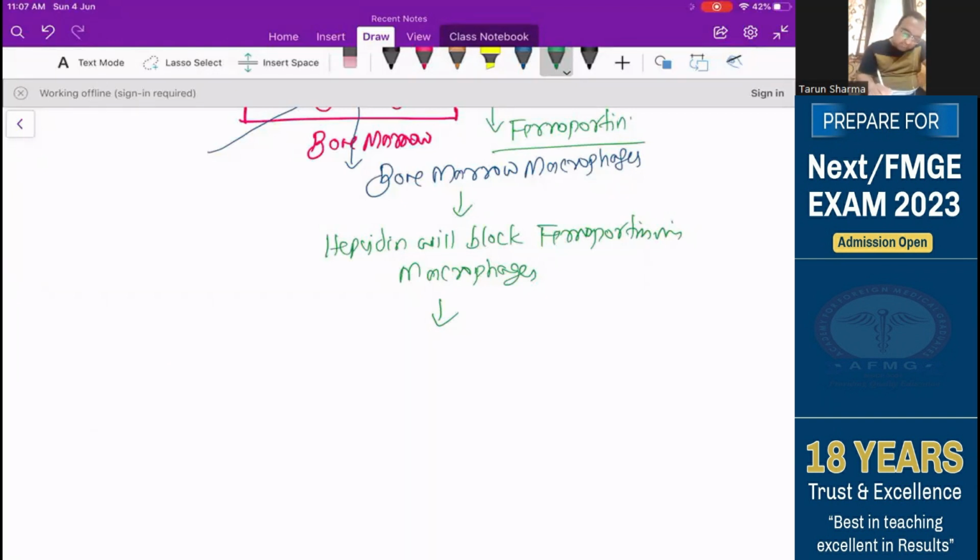So bone marrow iron will remain entrapped. This is a very important word, entrapped within macrophages.